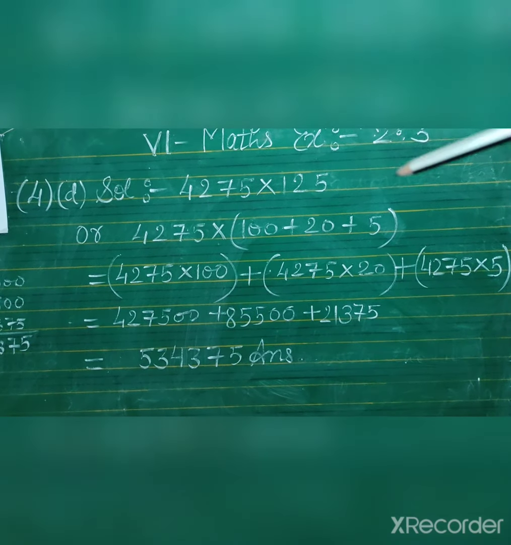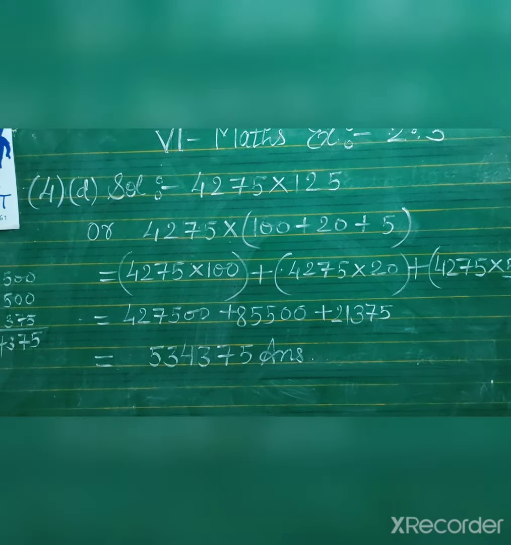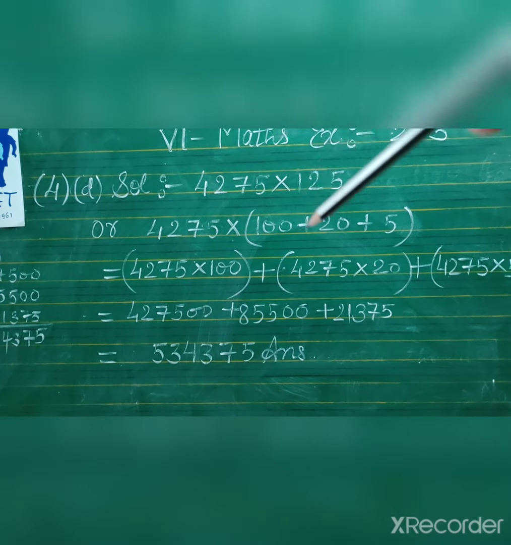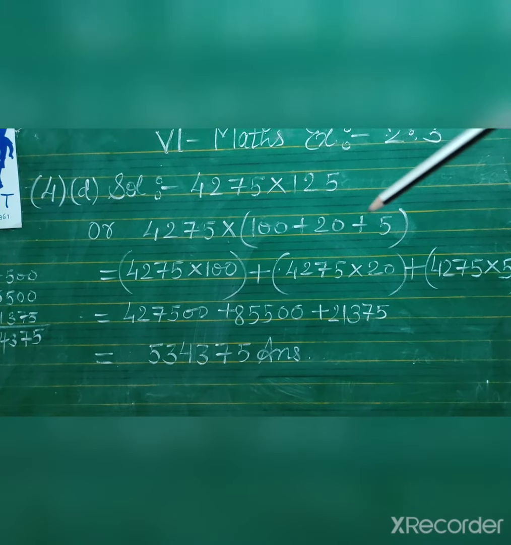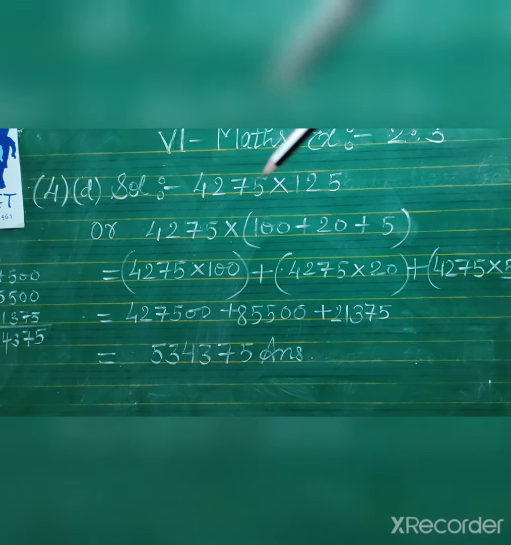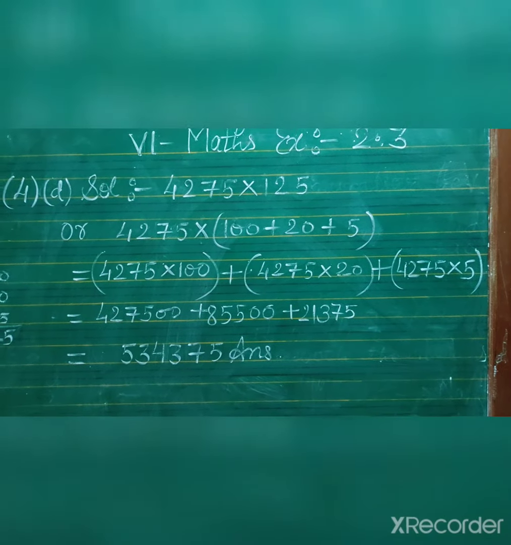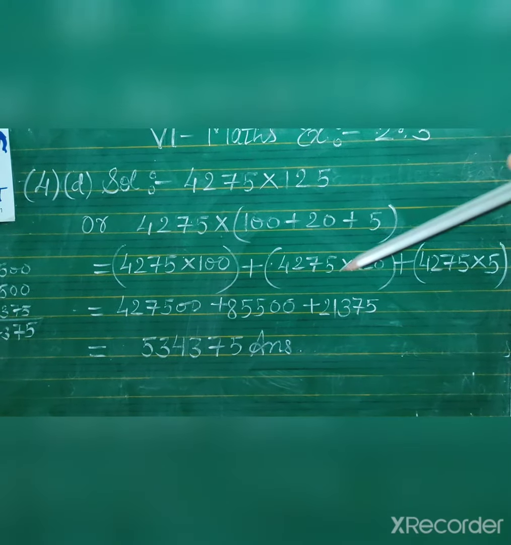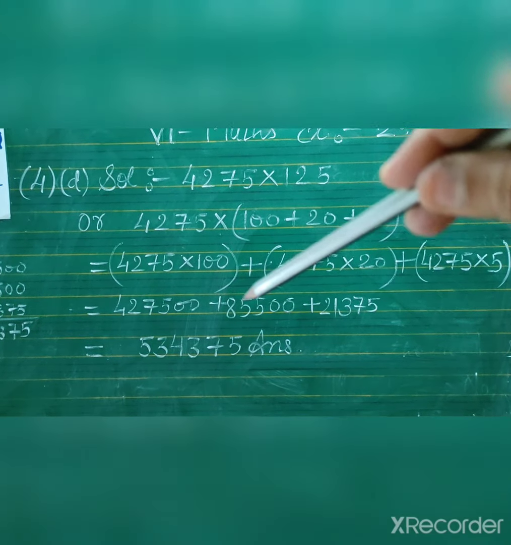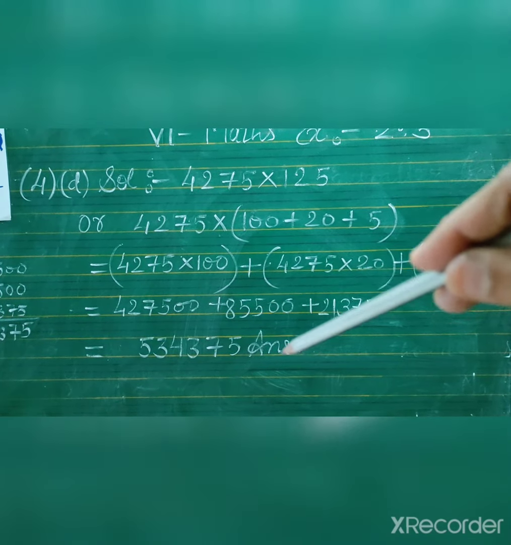So 125, 100 plus 20 plus 5. Now 4,275 into 100 plus 4,275 into 20 plus 4,275 into 5. When you multiply, you will get these numbers, and after adding, the answer will be this.